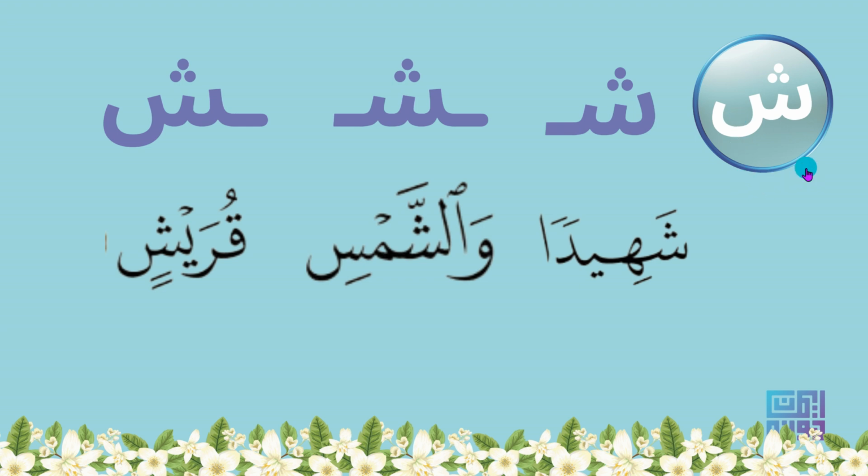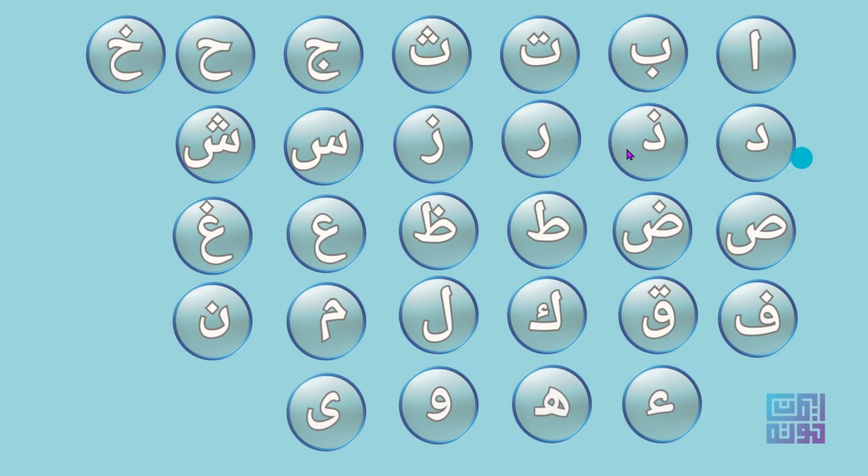And as we mentioned, maybe we mentioned it before, when we were talking about the letter Tha, can you see that? It also has 3 dots. Any other letter has 3 dots above? No. It's just the letter Tha and the letter Sheen.